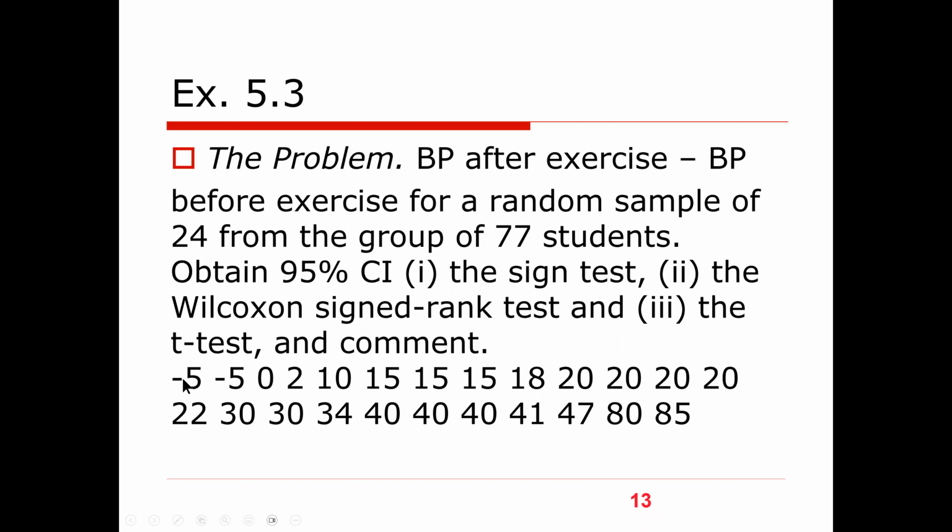So the 7th smallest item, 1, 2, 3, 4, 5, 6, 7, is 15. And the 7th largest item, the 7th item from the right, is 40. In that way, we identify the confidence interval: the 95% confidence interval is from 15 to 40.